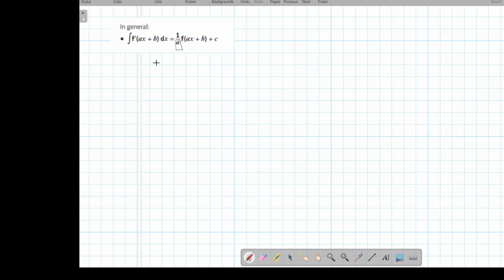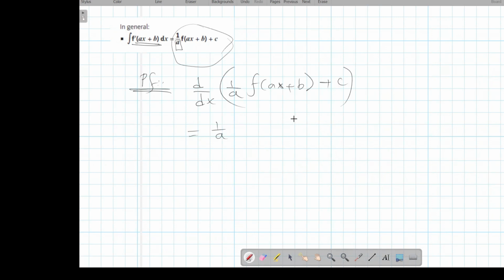Now, in order to prove this formula, that the antiderivative of f prime of ax plus b is this, what you will do is differentiate the right hand side, plus c. What is the derivative of the right hand side? One over a can be kept outside because it is a constant.